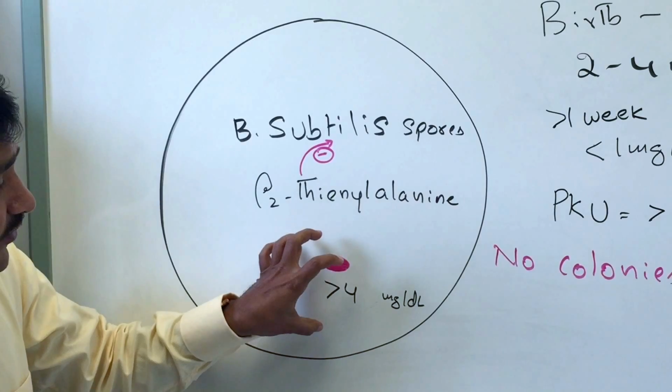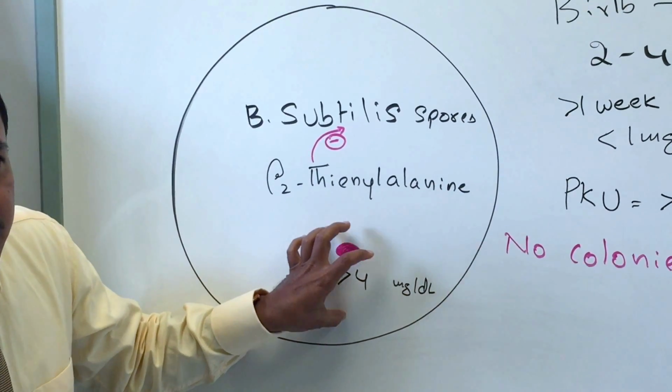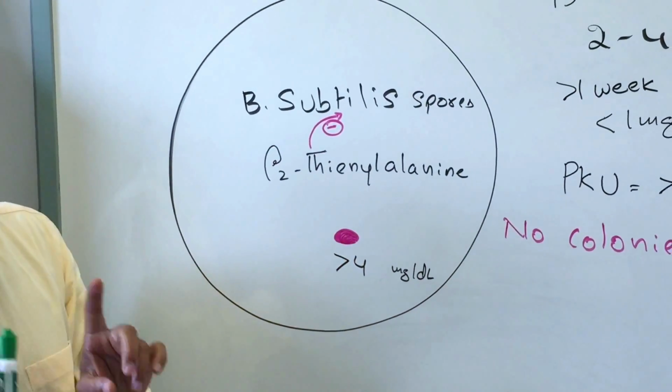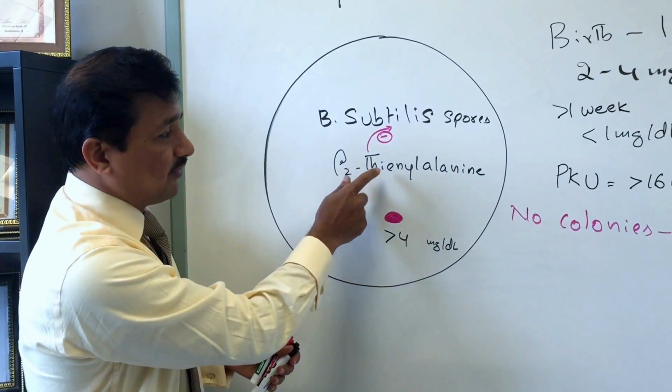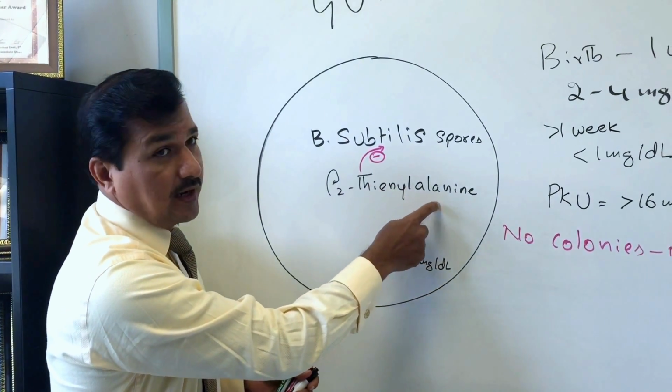Whenever the blood phenylalanine concentration is more than 4 milligrams per deciliter, at that concentration phenylalanine itself will have a negative effect on beta-2-thienylalanine.